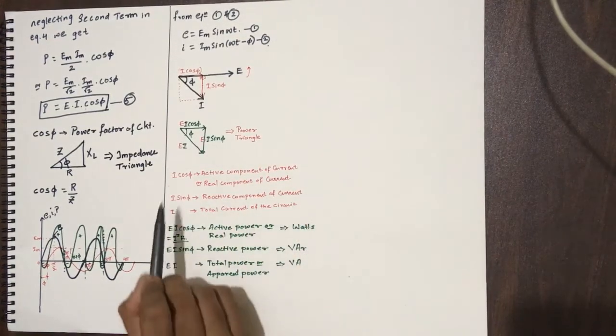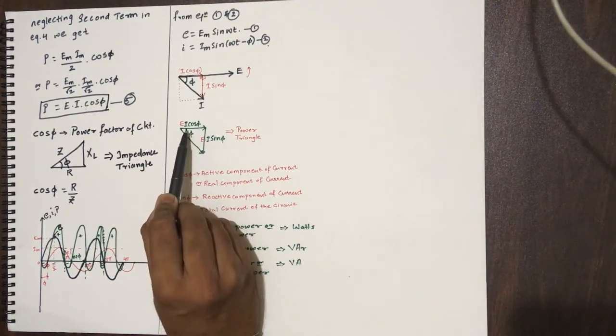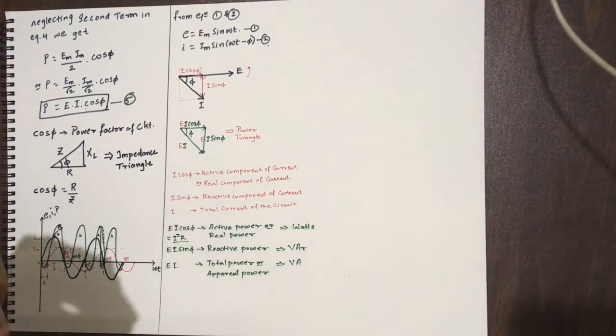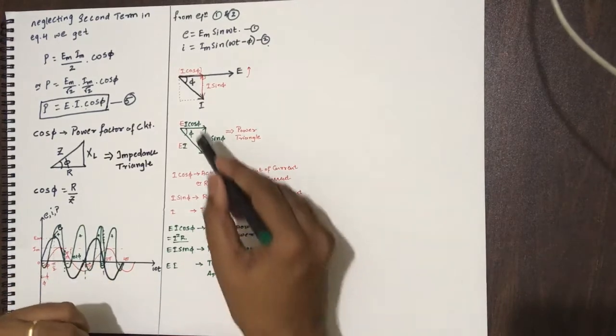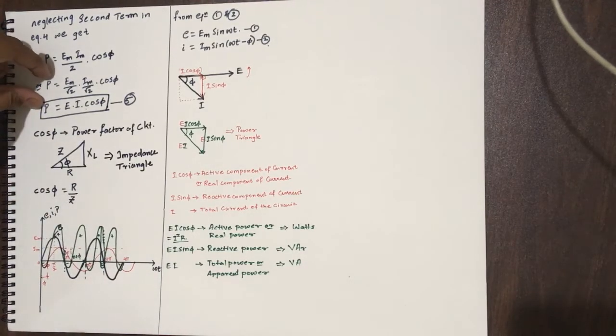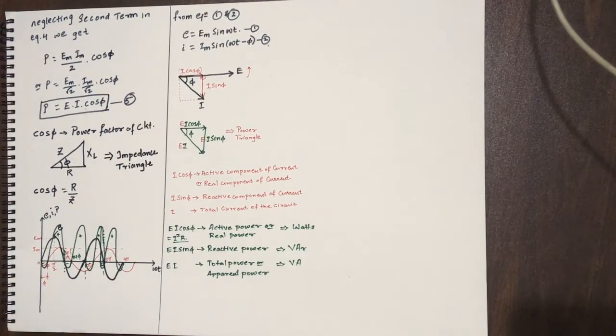So the power with respect to I cos phi, or the active component of the current, is called active power. Now this power is nothing but the power consumed by the circuit, EI cos phi. Therefore this power is known as active power or real power.